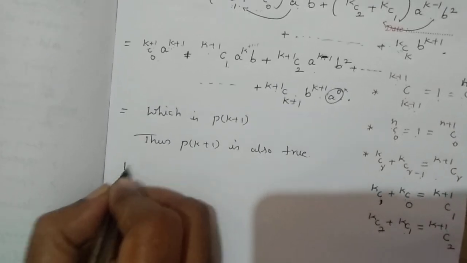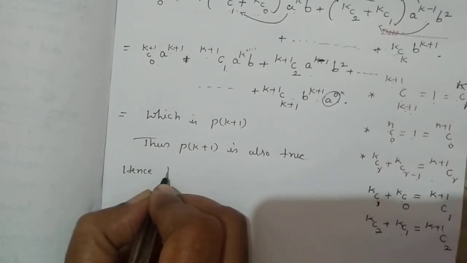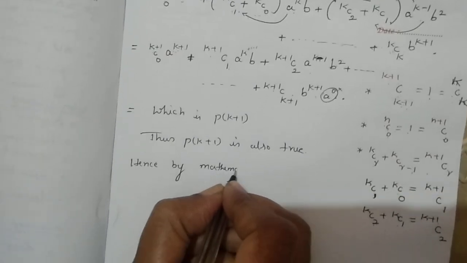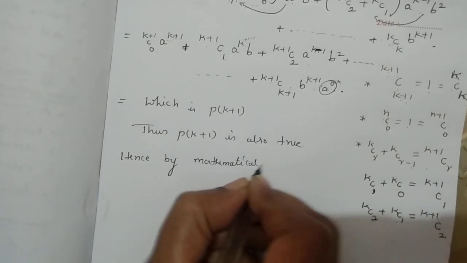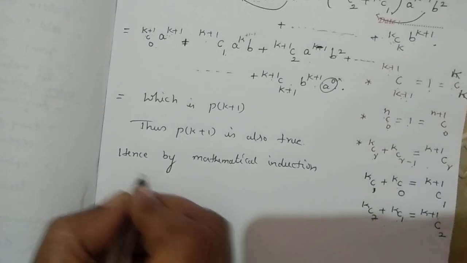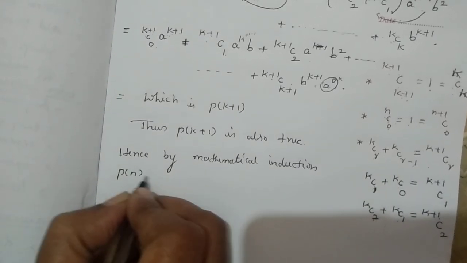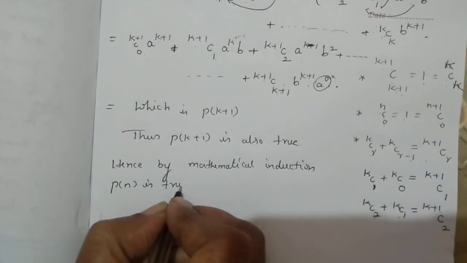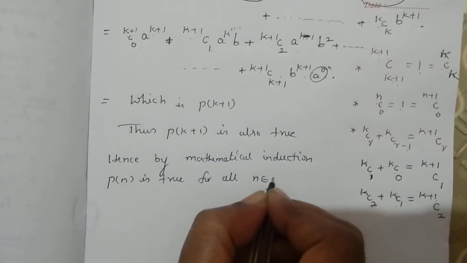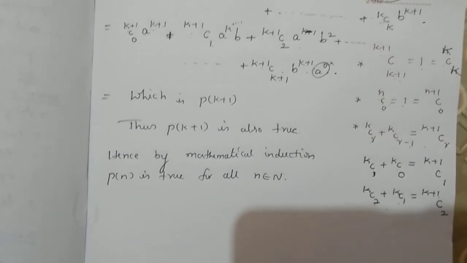Hence, by mathematical induction, P of n is true for all n belonging to N. So this is the binomial theorem.